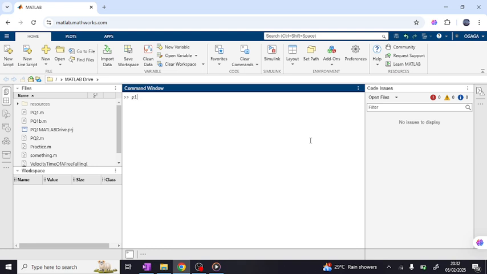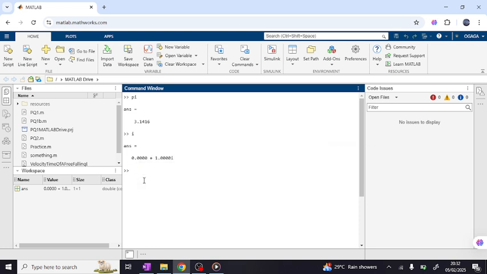So if you type in pi, you just have the value for pi right there. And if you observe, Matlab keeps its values to 4 decimal places. And then if you type in i or j, whichever one, you will get a complex number. Complex numbers have a real part and an imaginary part.